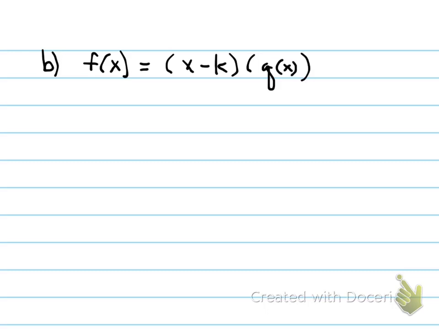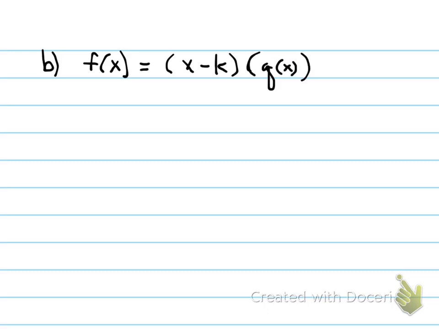The second form looks like this. You're going to write it as f of x. Now that doesn't mean write out the whole thing. That just means use f of x equals. Then in parentheses you're going to put x minus k. Then in parentheses you're going to put your quotient of x.